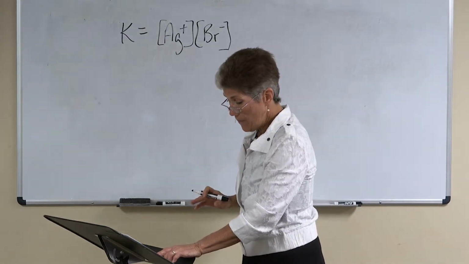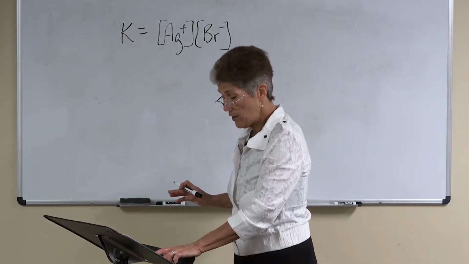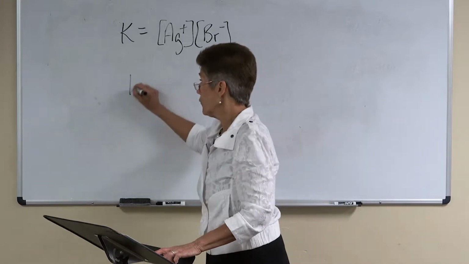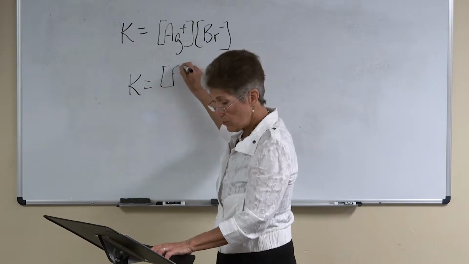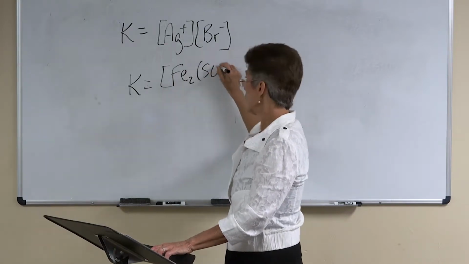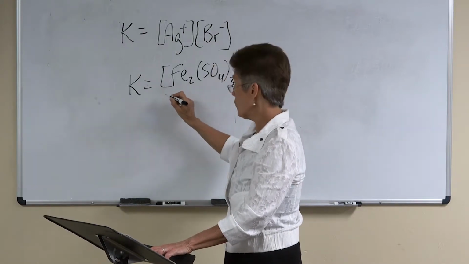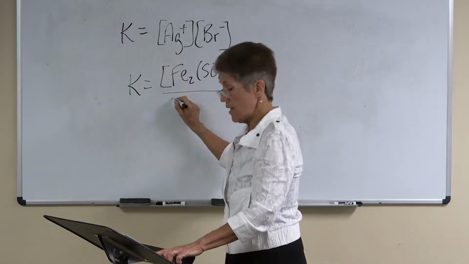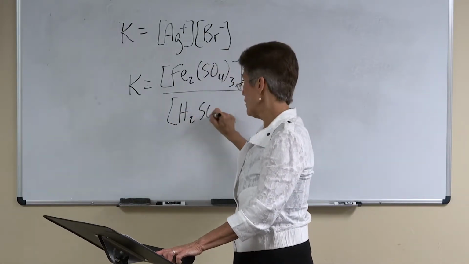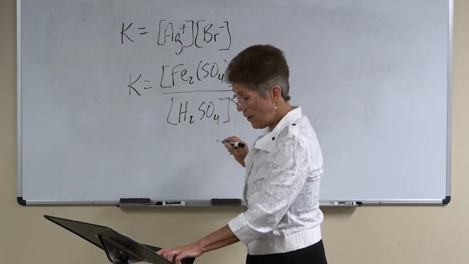Look at B. The first reactant is a solid, so it would fall out. We would keep the aqueous, but at the far right-hand side, the liquid water would fall out. So for B, the only product you could use is Fe2(SO4)3, and liquid water would disappear, and then you wouldn't use the solid reactant, so then you would have H2SO4 for the aqueous one, and that is to the third power.